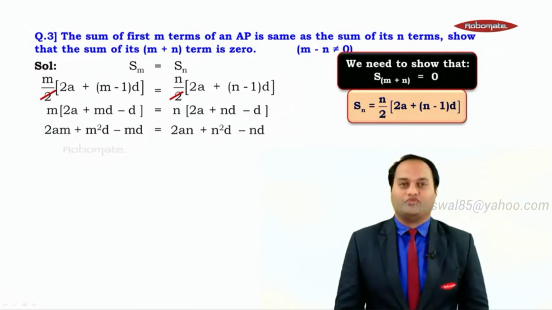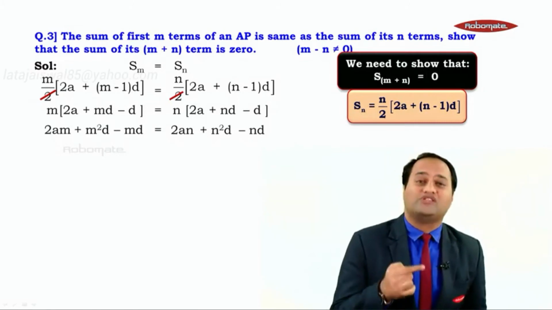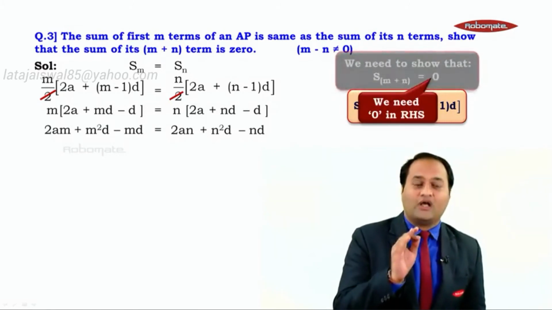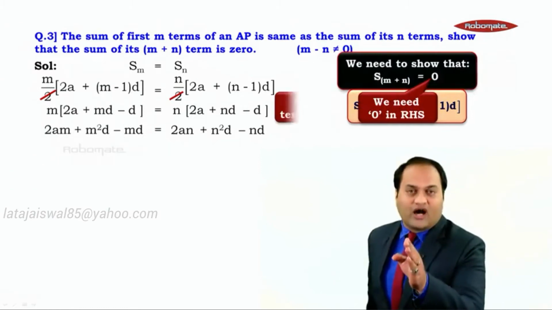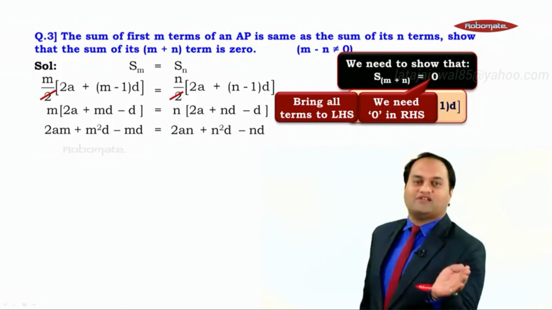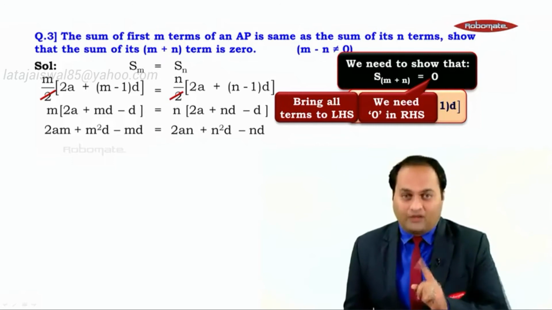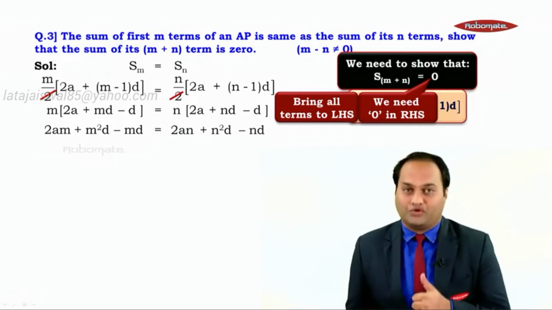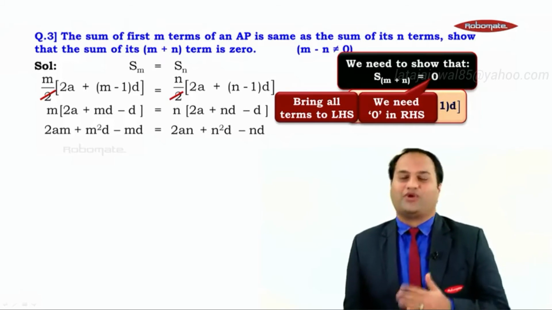Now see the to prove thing. What we are supposed to prove, S(m+n) is equal to 0. So in to prove it is clear, we need 0 in the RHS. Because we need 0 in the RHS, let us shift all the terms to LHS so that we get a 0 in the RHS. Clear? But while you are shifting, remember, a terms should be together, square terms together, and d terms together.